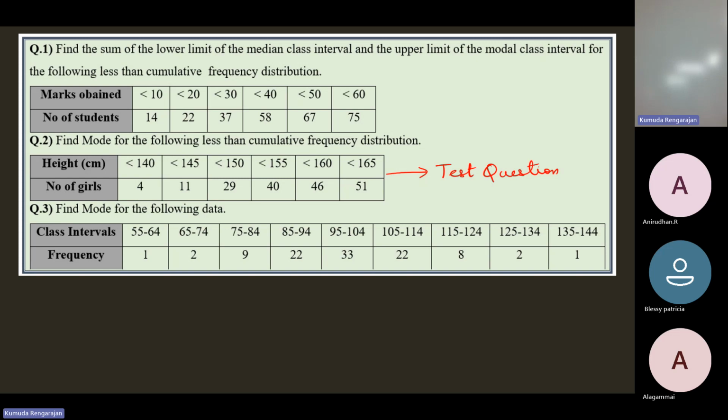How to find the mode: you should look for the highest frequency. The corresponding class interval is the modal class interval. The class interval corresponding to the highest frequency.